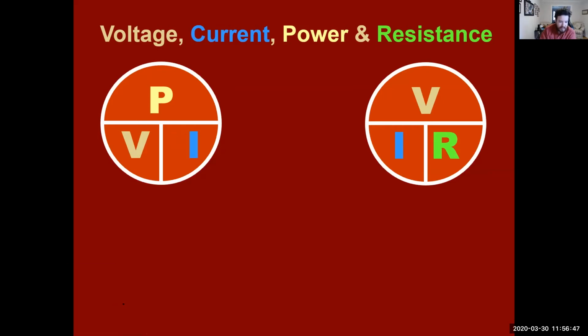And the same thing goes with your voltage, current, and resistance. If you want current again, put your hand over it, and you now have voltage over resistance is equal to your current.